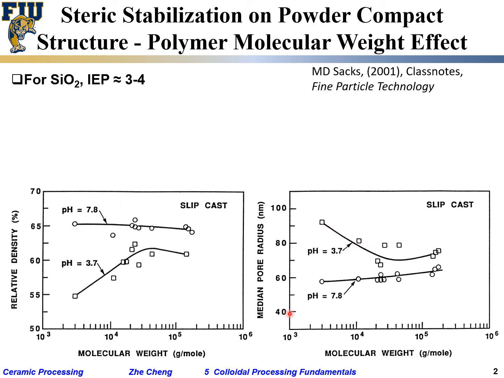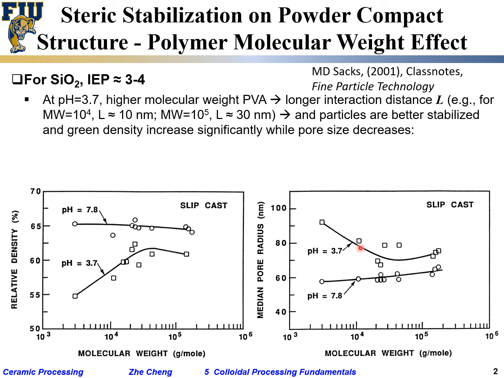This effect is not very significant when you have a lot of surface charge. For a zero surface charge it is more effective. And the reason being, the higher the molecular weight, the larger the effective polymer molecule size or end-to-end distance.